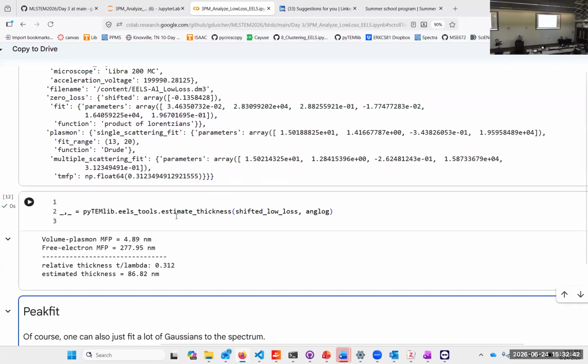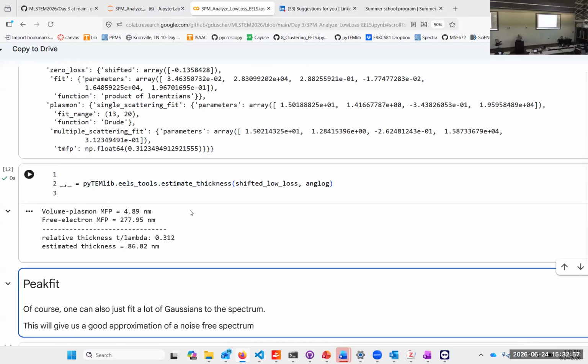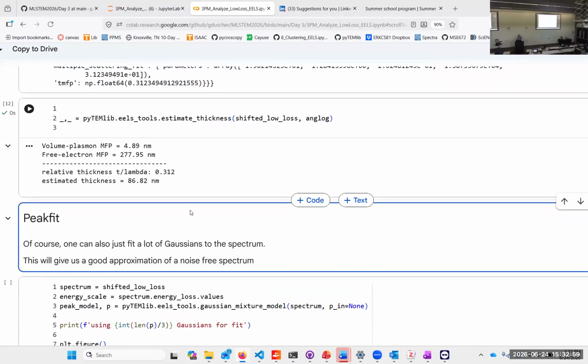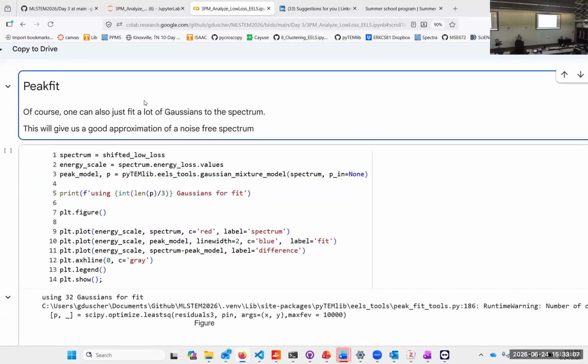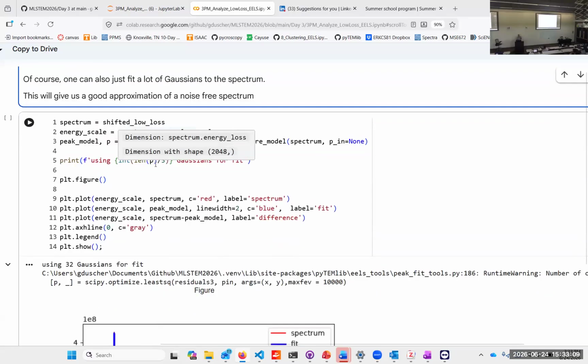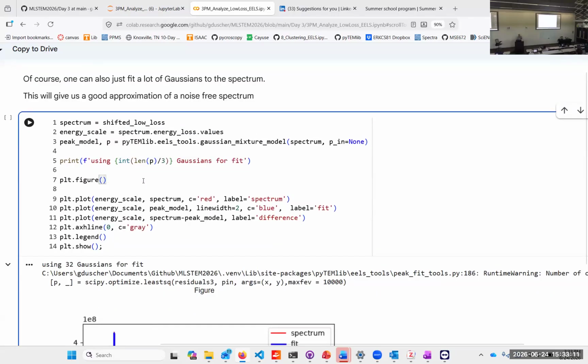And then we have actually an estimation for the thickness. I would say it has to be taken with a grain of salt here, right? So it's an estimated thickness. That would be about 90 nanometers, which incidentally is quite correct, but I wouldn't really bank on that.